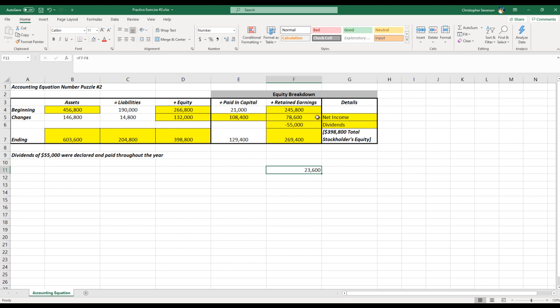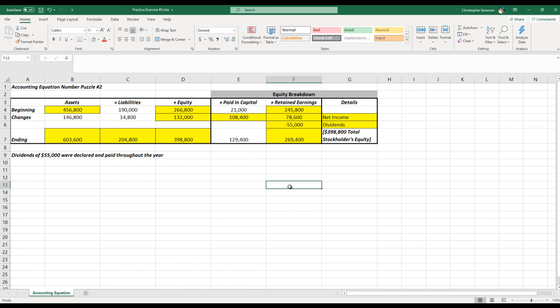So you know your net income is going to need to be higher than that dividend. It's going to need to offset that dividend plus add in 23,600. In other words, it's going to have to be 55,000 plus 23,600, which again gives us this 78,600. So when you work that problem forward, you just want to make sure that you did indeed get the 269,400, which we did. So we're good to go with this problem.